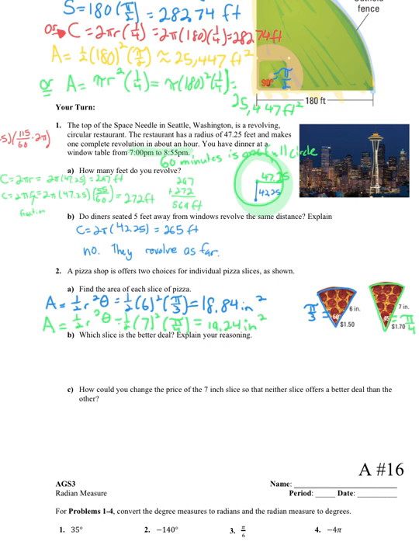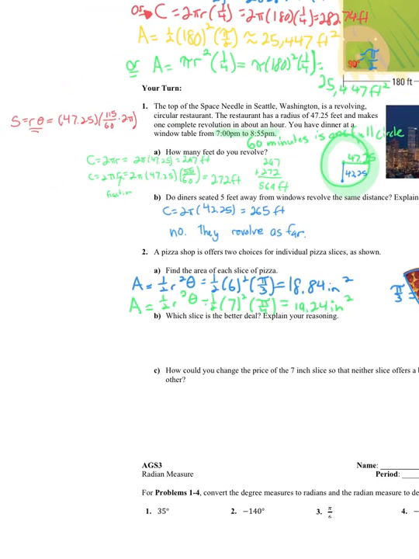So what we want to do is calculate our expected value and figure out how much better of a deal one is than the other. For the first one, it was $1.50, so I'm going to do 1.5 divided by the area, and I'm going to find the price per square inch. Okay.